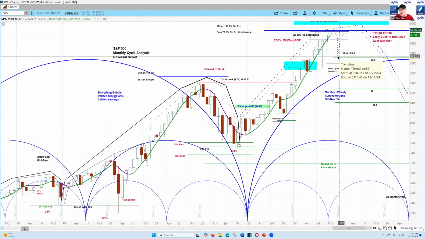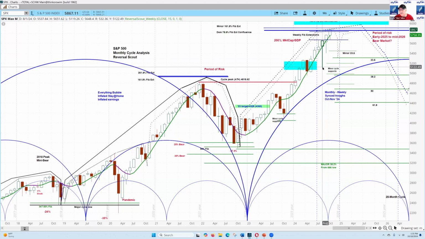Let me show you why I believe the probabilities are small that this low has occurred already. That's because of cycle analysis theory, which I teach in the cycle analysis workshop. And this low right over here occurred at a time that does not align with the weekly.